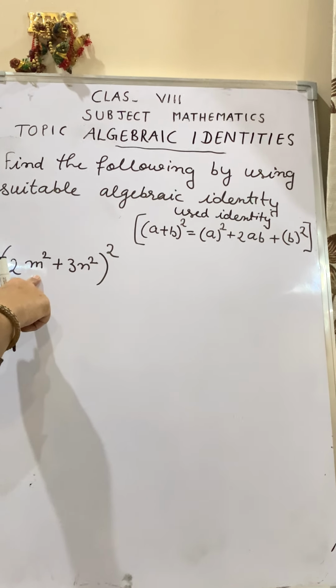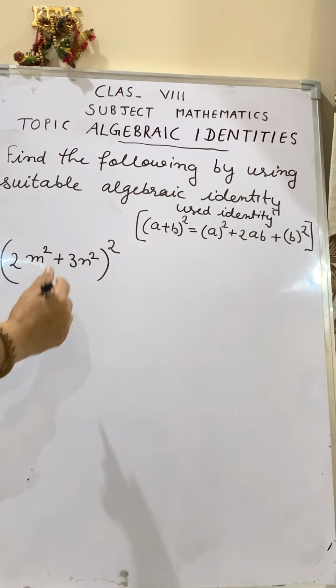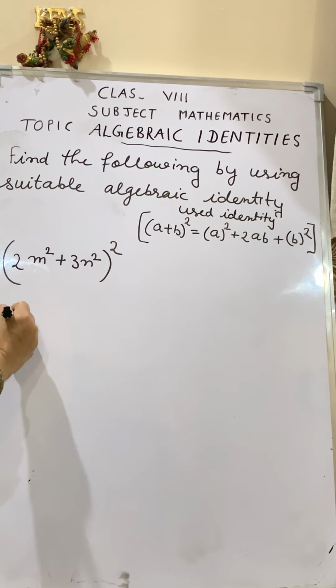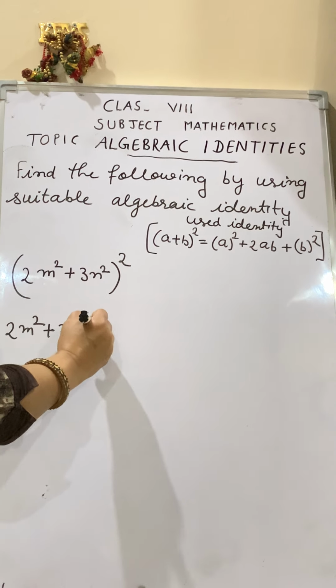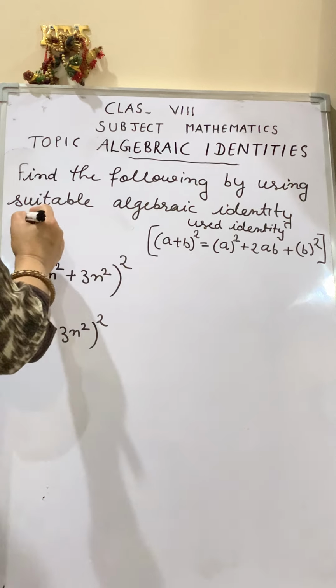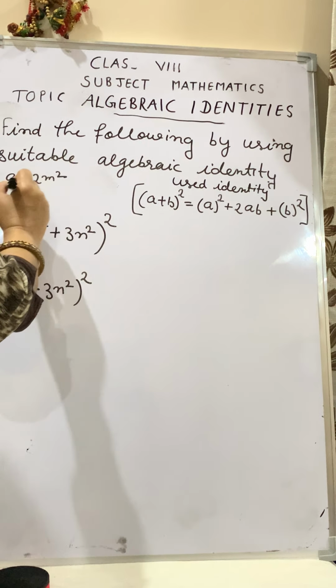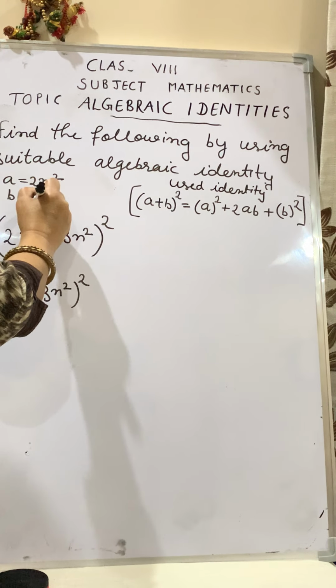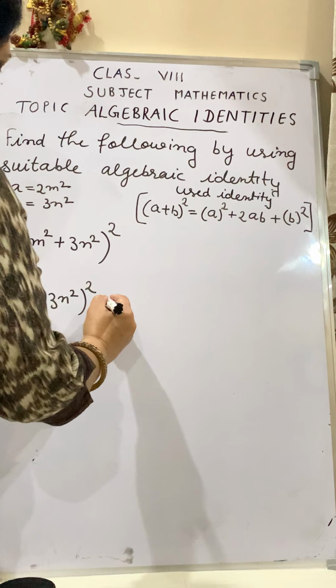First, 2m raised to power 2, and what is the value of b? 3n raised to power 2. Here you can write a is 2m raised to power 2, b is 3n raised to power 2. You can write it or not as you wish.